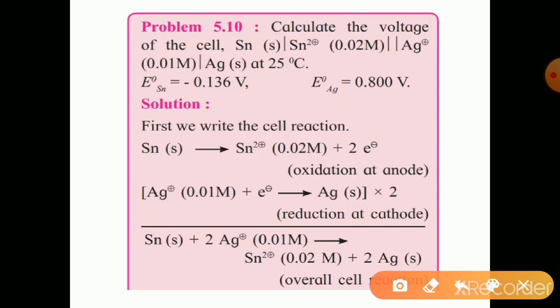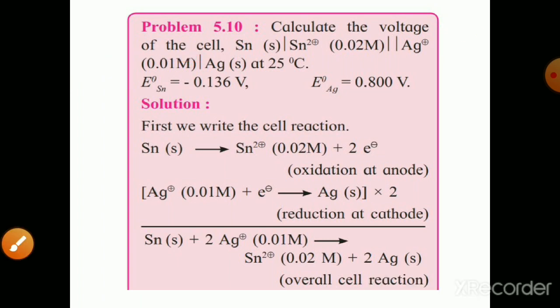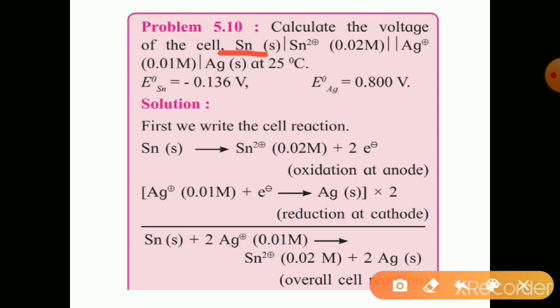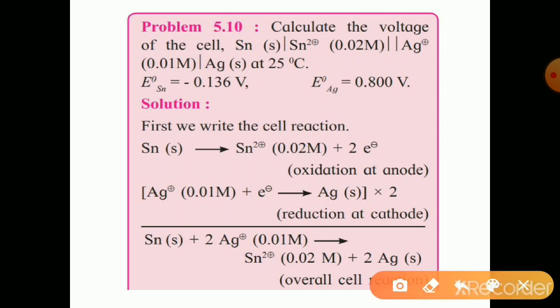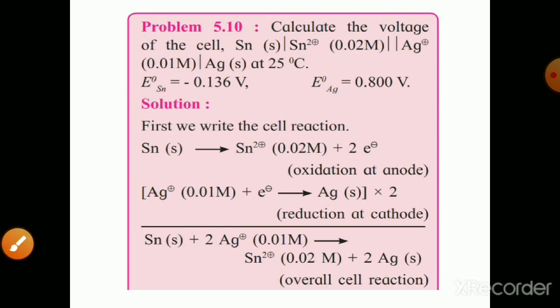So some numericals are given on the Nernst equation. Calculate the voltage of the cell. The cell is given. This is the anode, silver is the cathode, and the electrode potential of the anode is given, electrode potential of the cathode is given in the standard state.